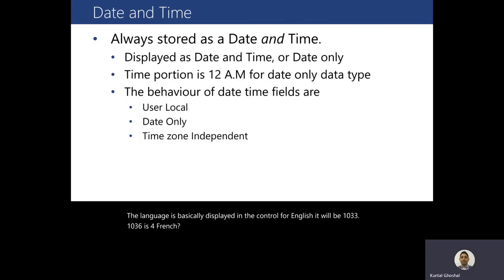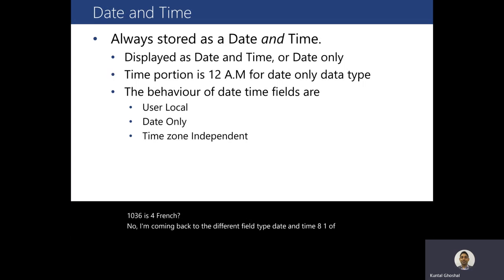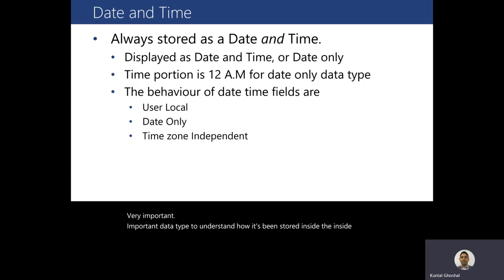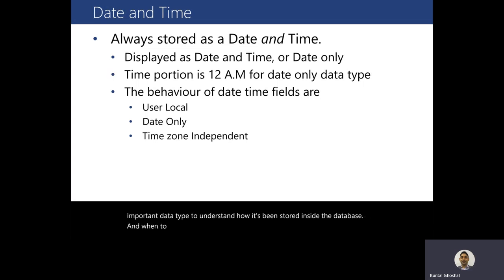Now, coming back to the different field types, date and time is one of the very important data types to understand, in terms of how it's stored inside the database and when to use what.